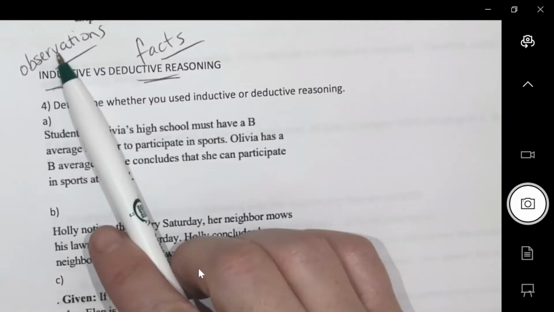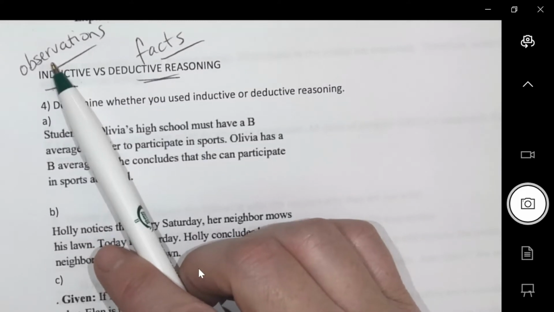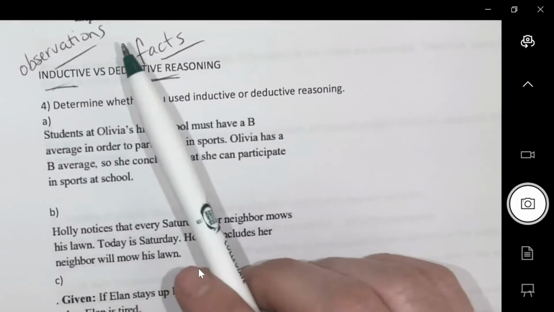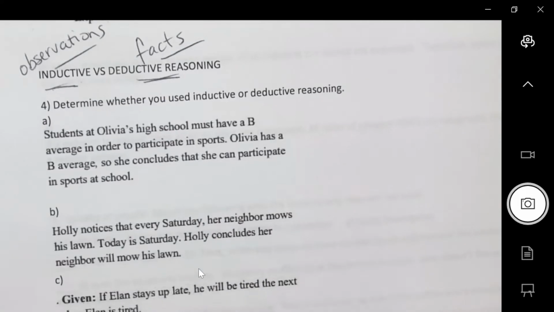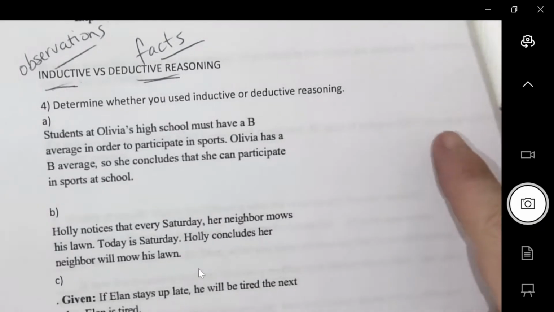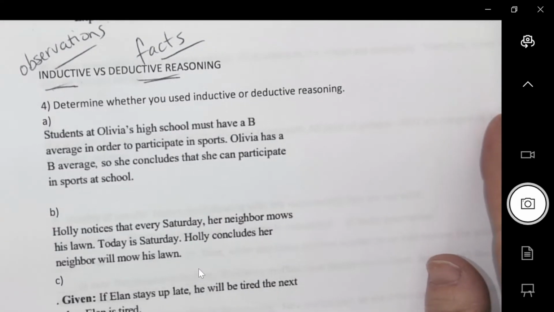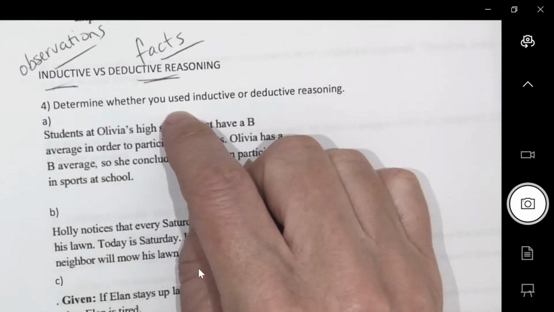Inductive is when you use observations, and deductive reasoning is when you're using facts. So maybe it's a good idea if we start our cheat sheet, and maybe that would be something you would want to write on your cheat sheet.